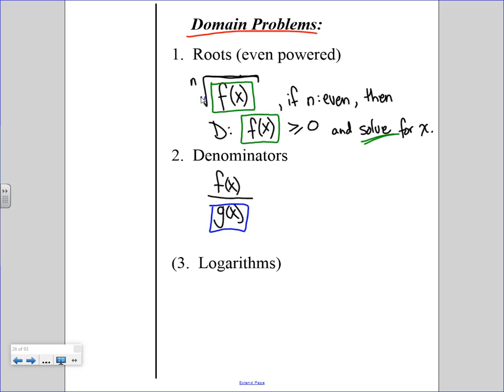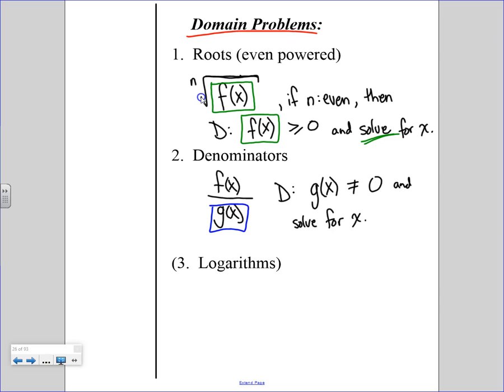For domain, we take whatever is in that denominator, however long or short it is, whether it's one piece or multiple pieces. We take that term and we say, you are not allowed to equal 0. Instead of saying where he does work, which is infinitely many places, we identify the one place he doesn't. We set him not equal to 0, and, just like we did above, we solve for x.